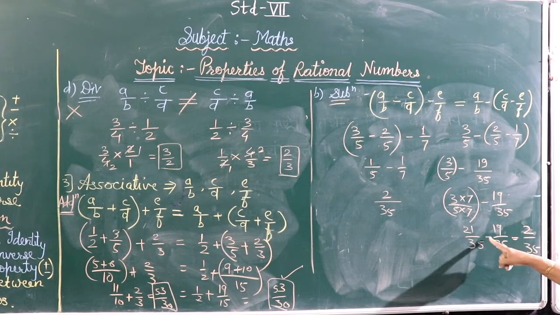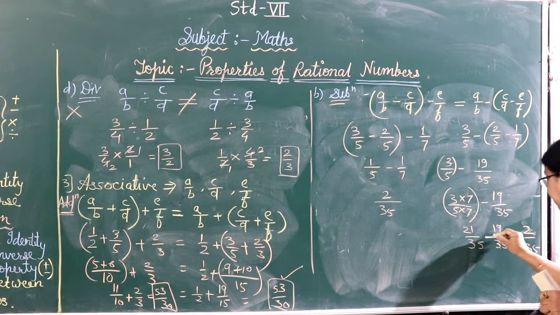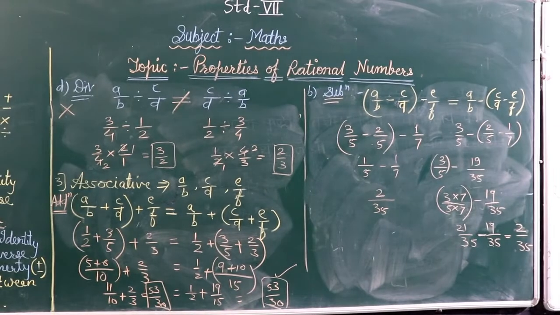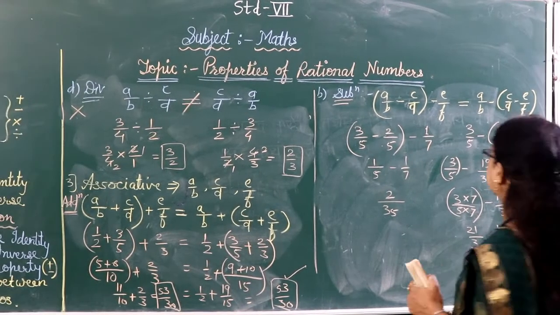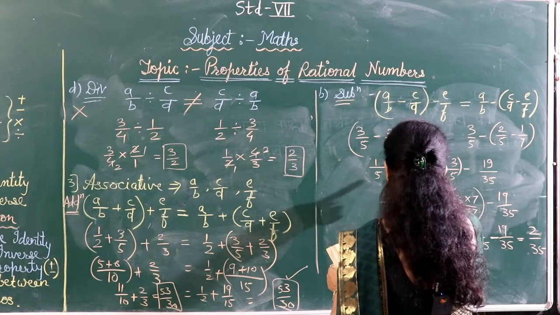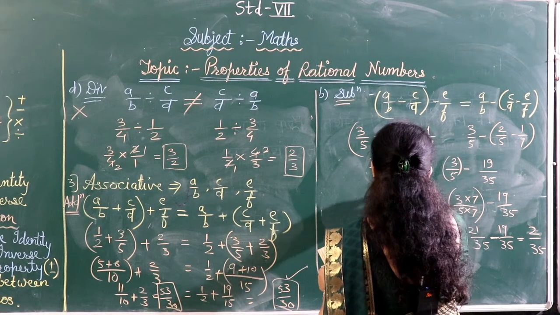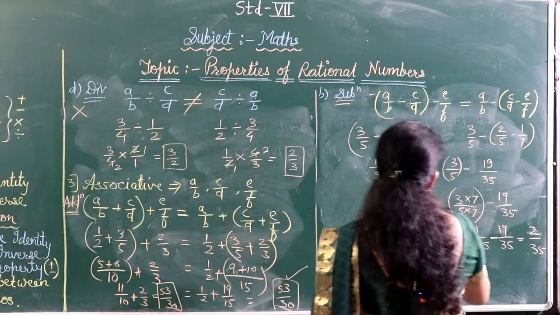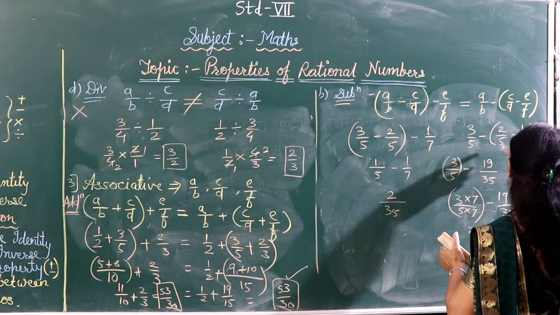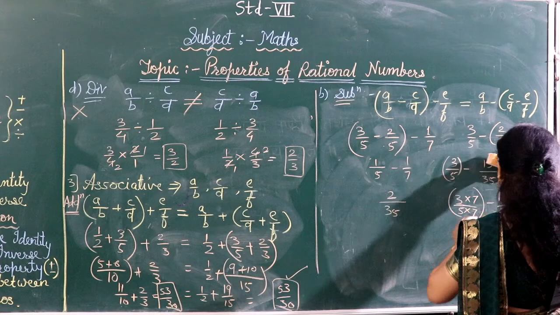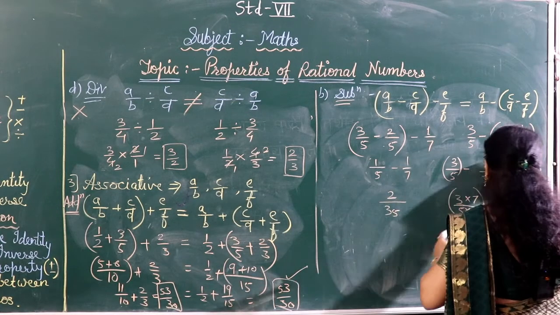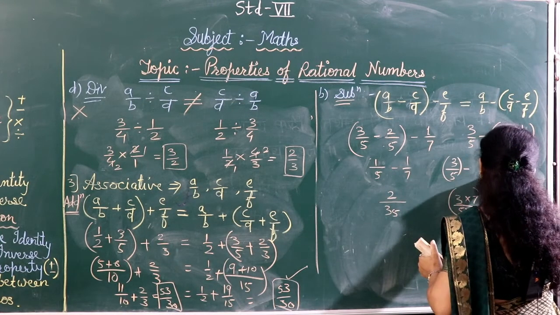But the answer doesn't come the same in associative. One minute, something is different. 3 by 5 minus 2 by 7 2s are 14, 14 minus 5 comes 9, so 9 upon 35.